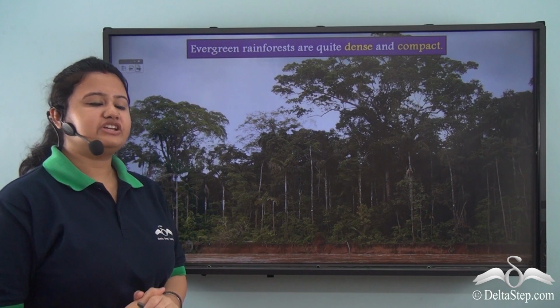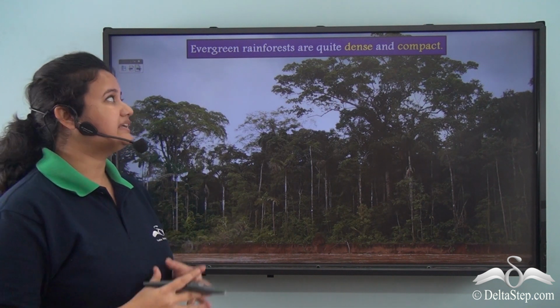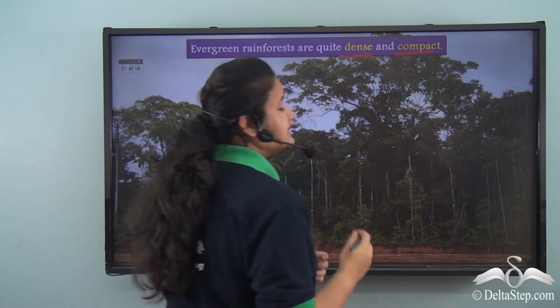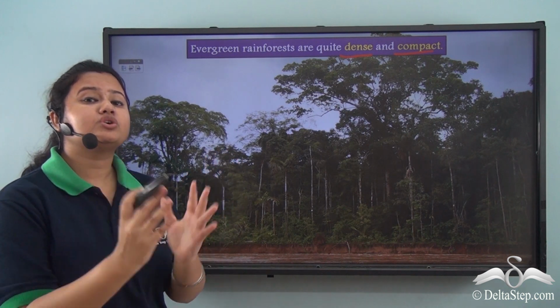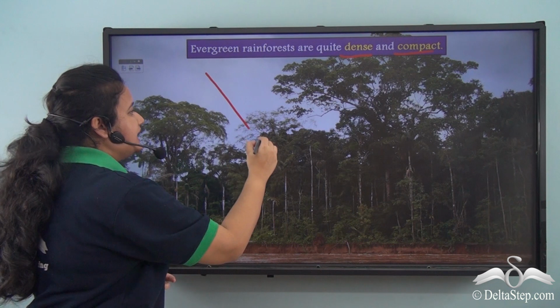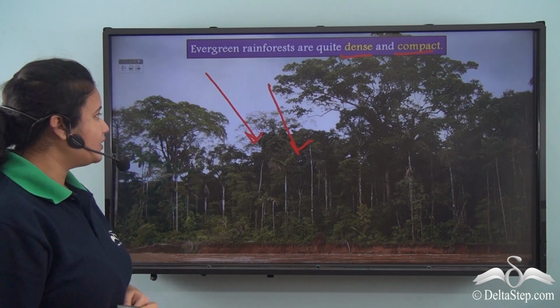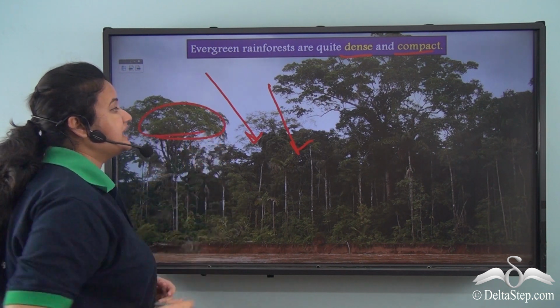Another important feature of evergreen rainforest or tropical rainforest is that they are quite dense and compact. This is to say that uncountable trees grow quite close to one another, and therefore sunlight cannot penetrate into the forest. And also some trees form huge canopies.